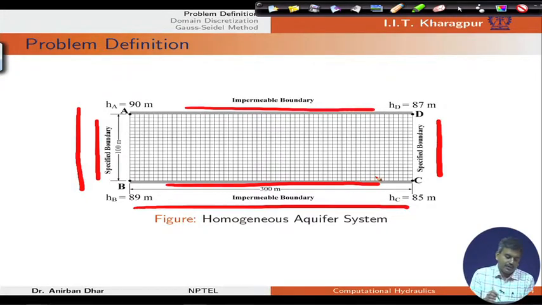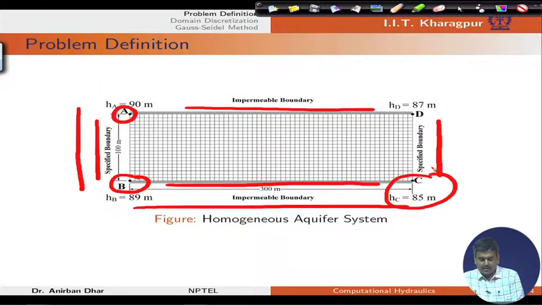The specified value at the end points: point A is 90 meters, at point B it is 89 meters, point C is 85 meters, and H D is 87 meters.